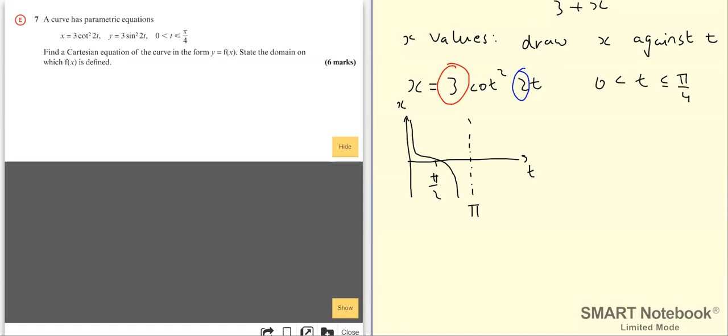Now, what is the impact of that 2t? So this was cot t. I'm now going to sketch cot 2t. What impact will cot 2t have? Please tell me in the chat on the graph. How am I going to draw cot 2t?